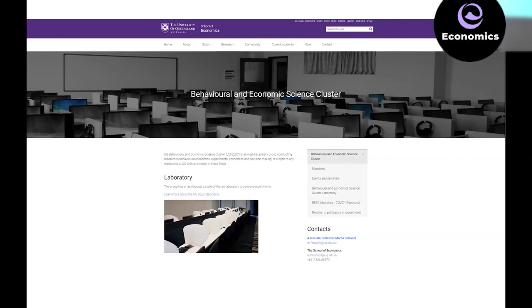So as a UQ student, if you're interested, you can always look it up and sit there, play some economic games, learn something and earn a small amount of money. I think it's interesting, a good learning experience. So that's another kind of experiment data, from the lab.